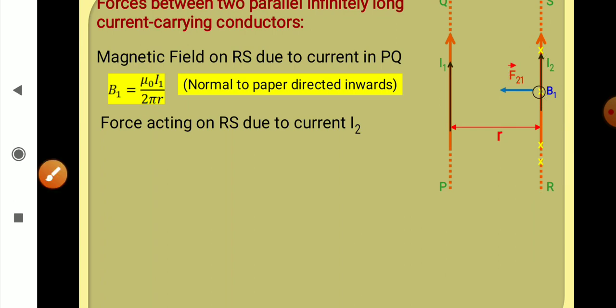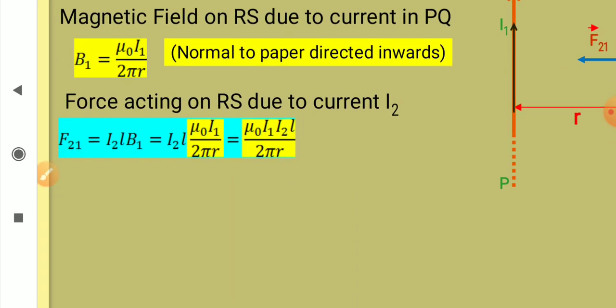So force on its length L will be given by this relation, you see. So force on the second conductor F21 is equal to ILB. Now current in conductor is I2. Its length we have considered as L, and B1 is the magnetic field.